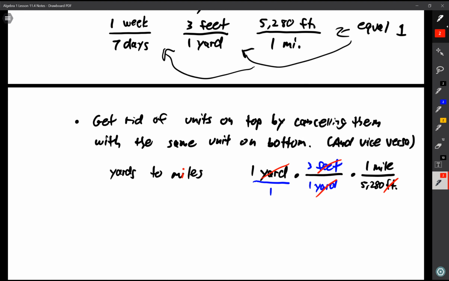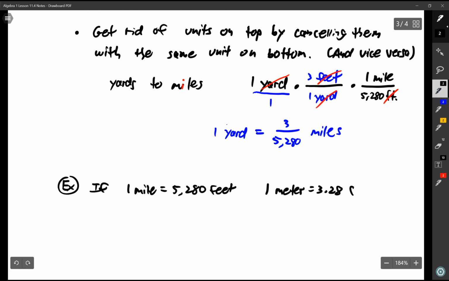Let's say we know the following information. If 1 mile equals 5,280 feet and 1 meter equals 3.28 feet, and 1 kilometer equals 1,000 meters.